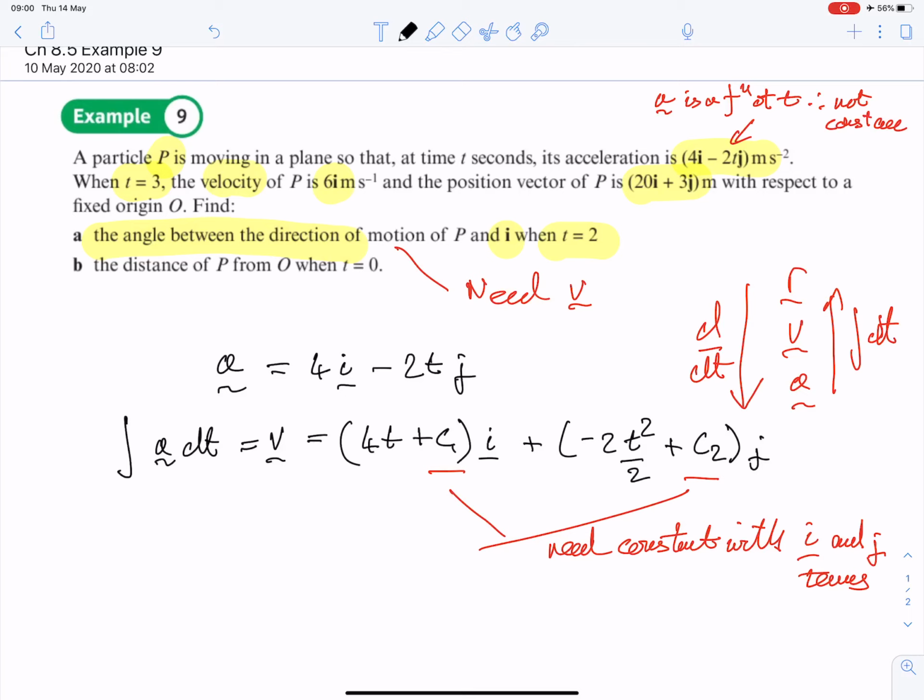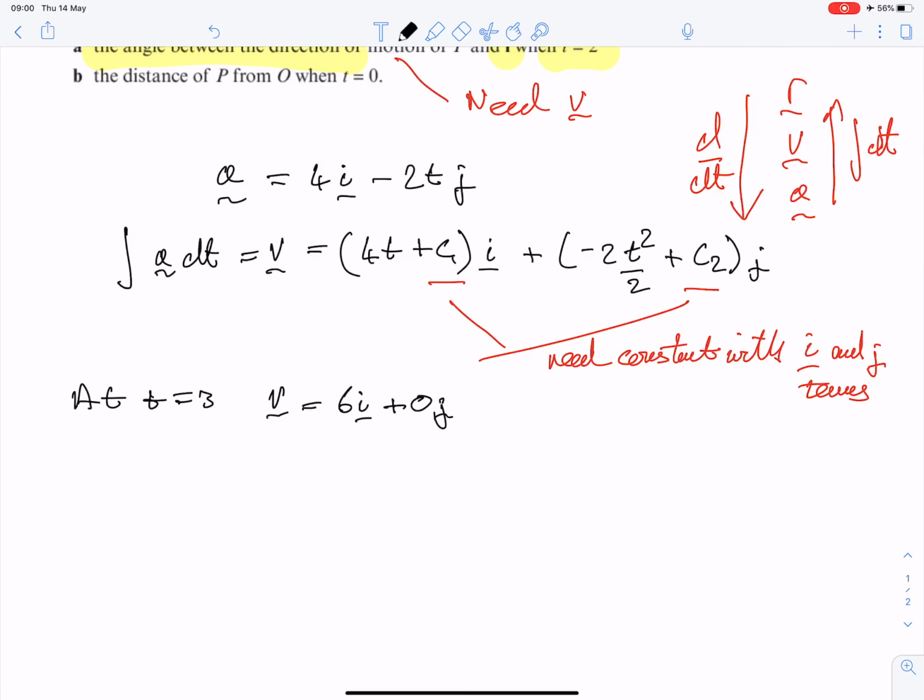So what are we going to get here then? Presumably we're given some boundary conditions, because if we need v when t equals 2, we've got to find the values of those constants. So if we read back, we're told at t equals 3, v is equal to 6i. And although it doesn't say it, it implies very strongly 0j.